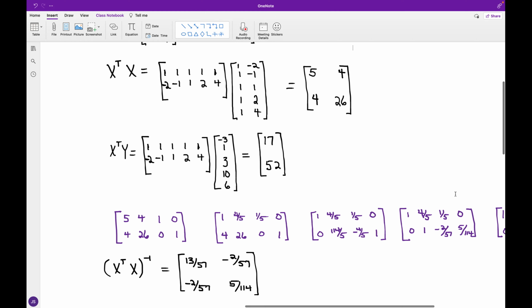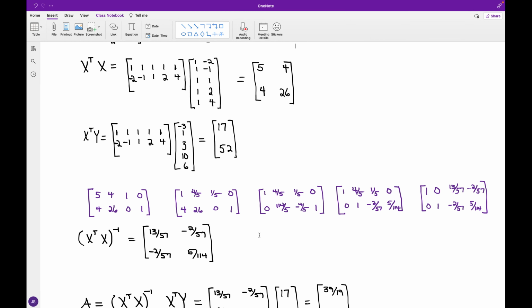And then looking at taking the inverse of the product of the transpose of X and X. Throughout all the proceedings, you can arrive at it through the use of the calculator, but be careful with your calculating device. And the inverse, in this case, we have with the fractions, 13/57, -2/57 at the top, and then I have -2/57 and 5/114.